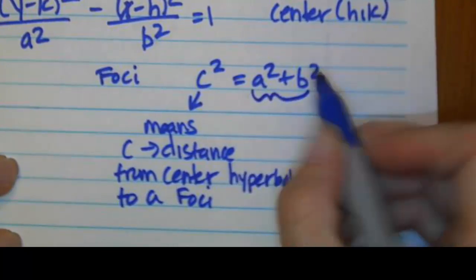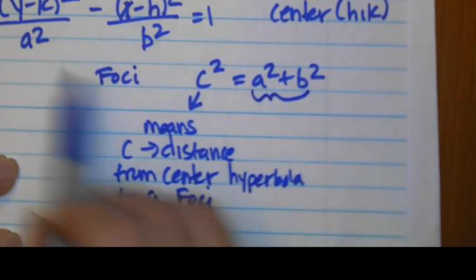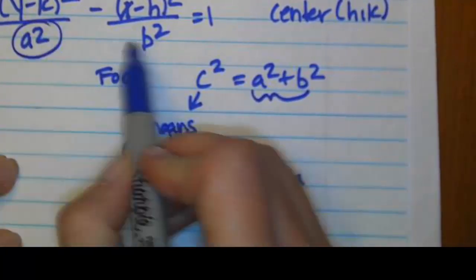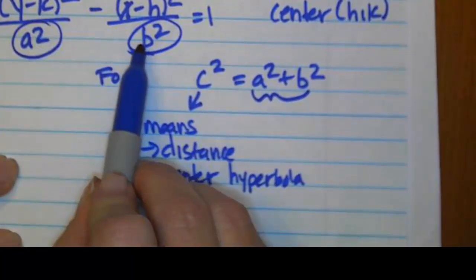A and B. And remember, A could represent the transverse axis, or A could also represent the conjugate axis. But the idea is that A squared and B squared are basically going to be the denominators from your standard form.